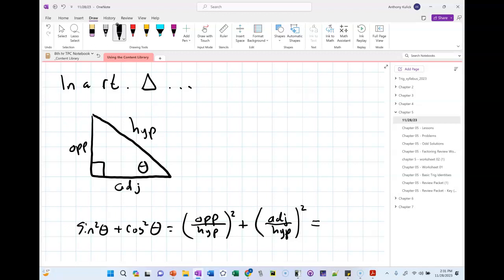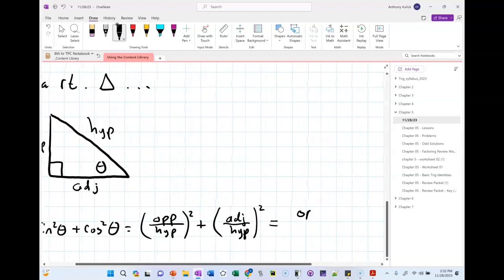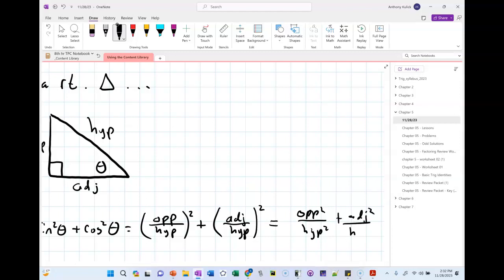It's a 6th grade question. Excellent. That's correct. You square the top and you square the bottom. So this just becomes opposite squared over hypotenuse squared plus adjacent squared over hypotenuse squared.